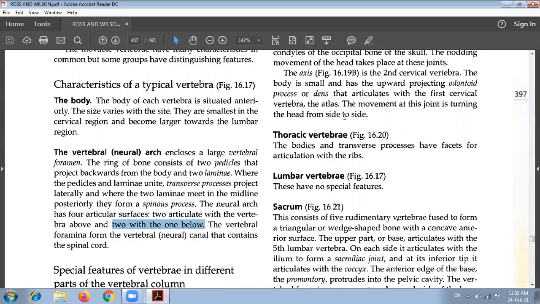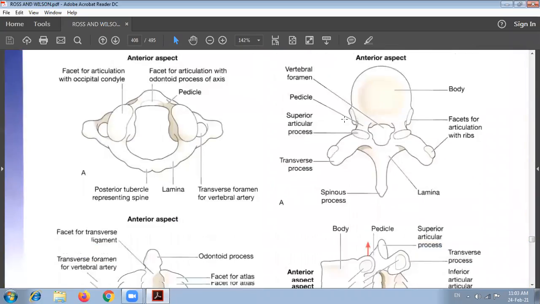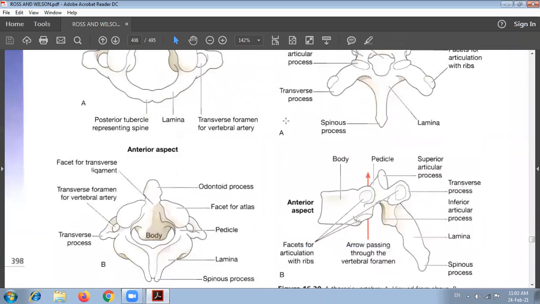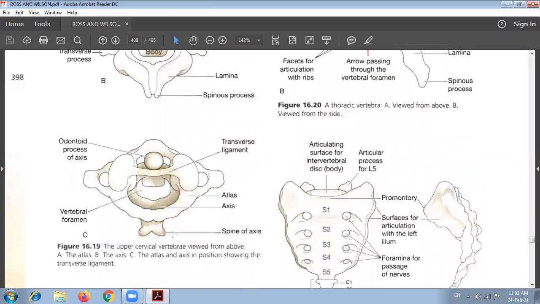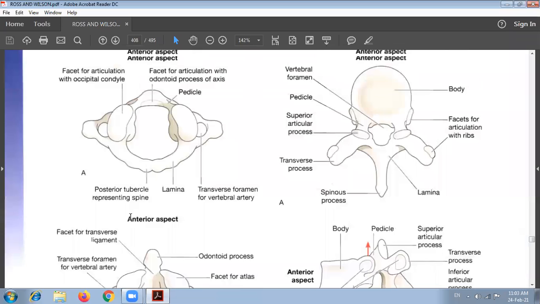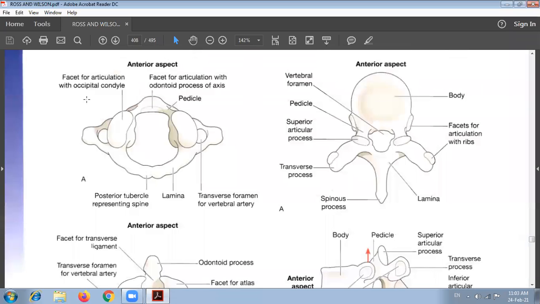So here you can see in this diagram the atlas vertebra. It has an atypical structure. It has only a large central foramen, and no spinous processes are present. There are facets for articulation on the left and right side.